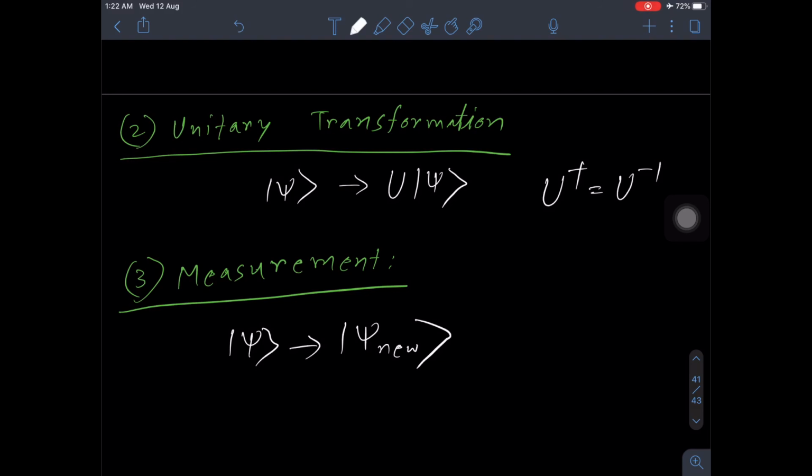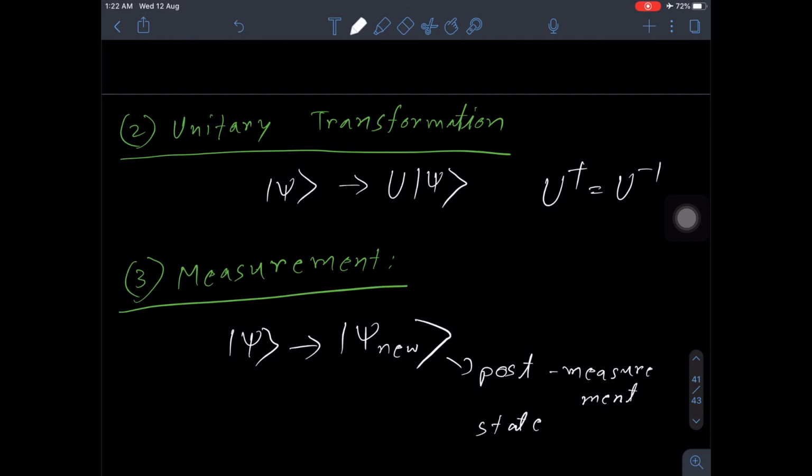This is a post measurement state, and all the probabilities, if it is an incomplete projective measurement, then for this new collapsed state, all the probabilities will be given by the Born rule.